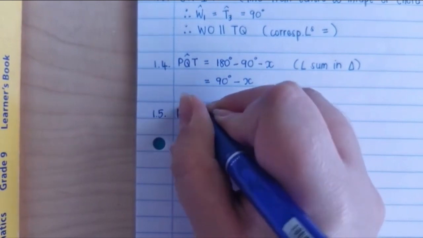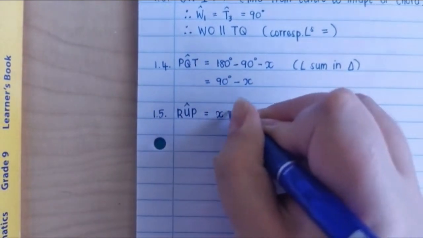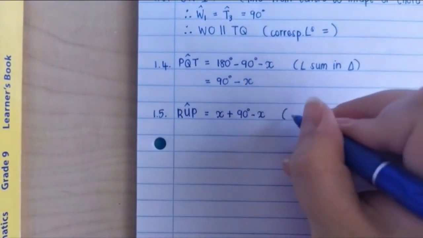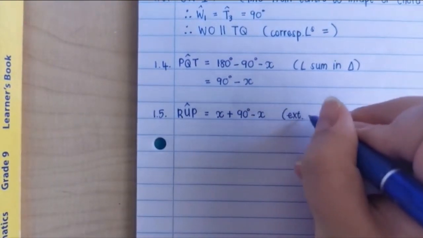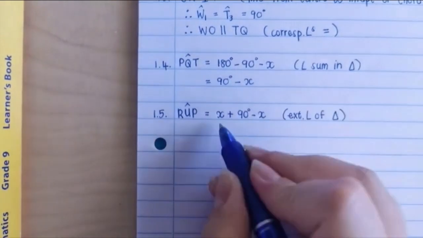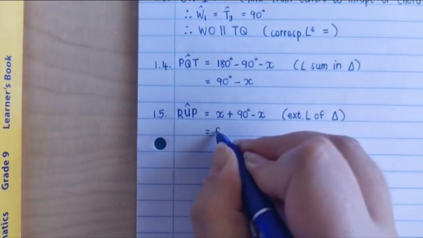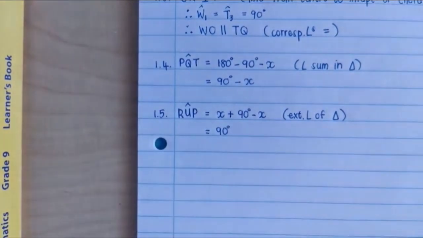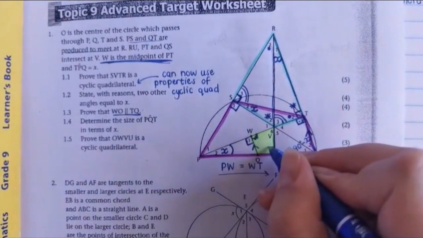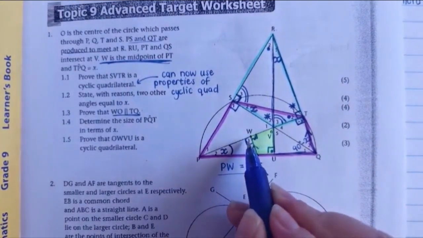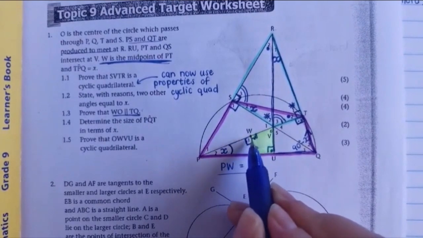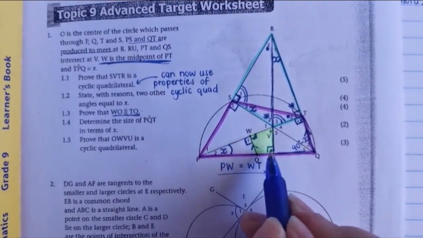RUP is equal to x plus 90 minus x, exterior angle of triangle, and we know that x minus x is 0, so we're left with just 90 degrees. So there we have that angle is 90, and we have that W1 is also 90. We used that in the previous question already. So the exterior angle of this quad is equal to the opposite interior angle.